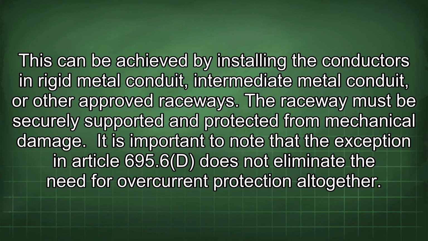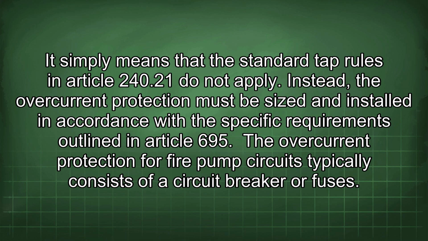It is important to note that the exception in Article 695.60 does not eliminate the need for overcurrent protection altogether. It simply means that the standard tap rules in Article 240.21 do not apply. Instead, the overcurrent protection must be sized and installed in accordance with the specific requirements outlined in Article 695.